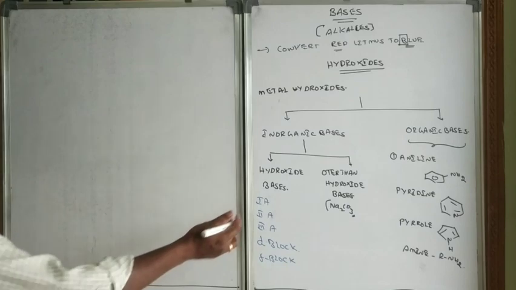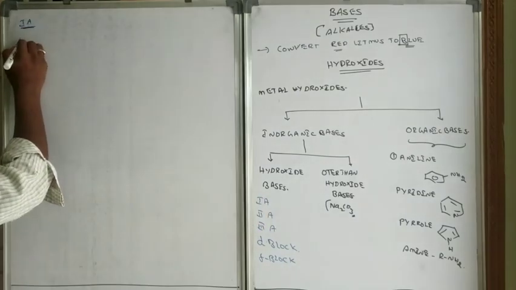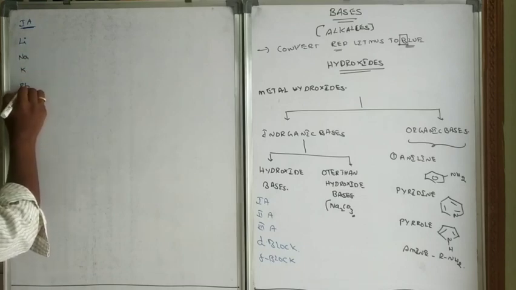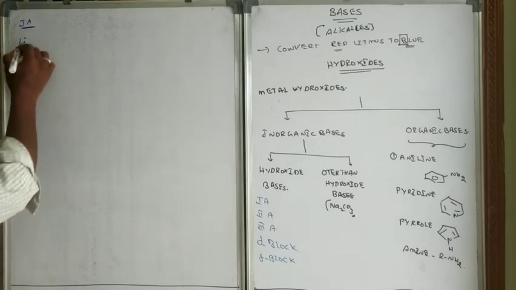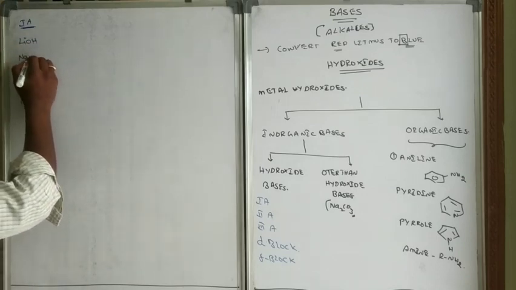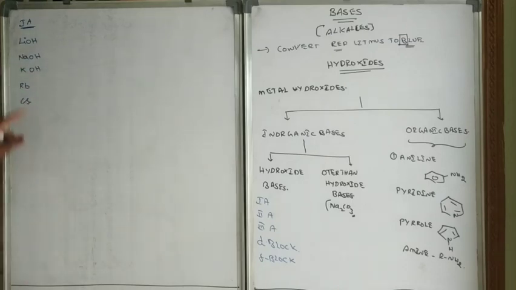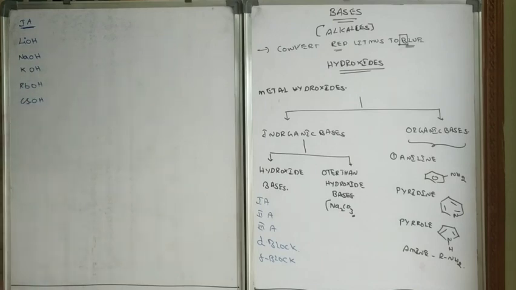Let us see the first A group elements. We know the first A group elements are lithium, sodium, potassium, rubidium, cesium. For those elements, you add the hydroxide group. So lithium hydroxide, sodium hydroxide, potassium hydroxide, rubidium hydroxide, and then cesium hydroxide.